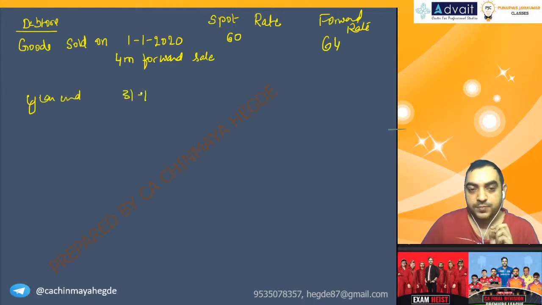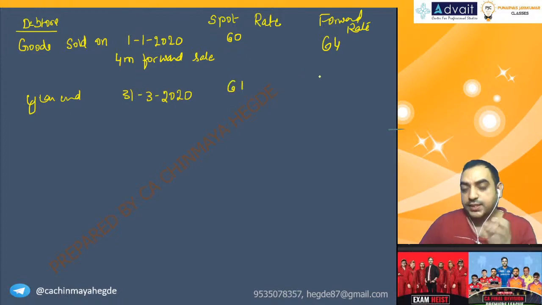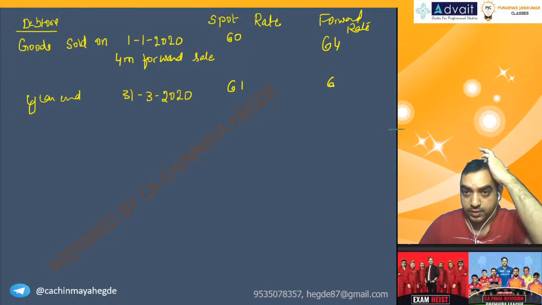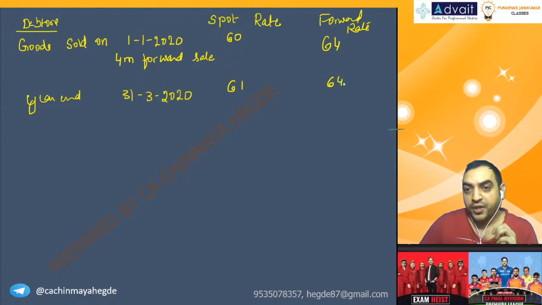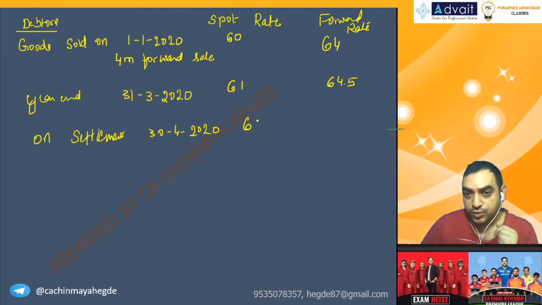Okay. Now year end, that is 31st of March 2020, let's say it happens to be 61 rupees, and this is, let's say, 64.5 rupees. Then on settlement on 30th of April 2020, the spot rate happens to be, let's say, 62 rupees, and this also will be how much?